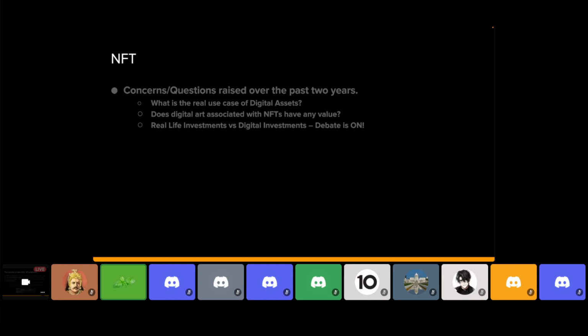So the question is, what is the use of digital assets? There are only a couple of examples wherein an NFT is considered an asset which gives you accumulation or value down the lane. So these are the questions being raised.